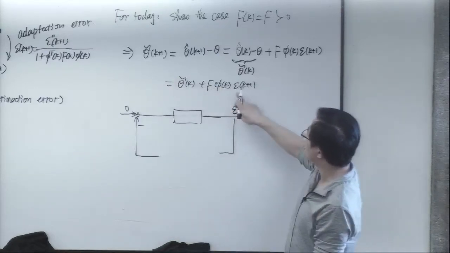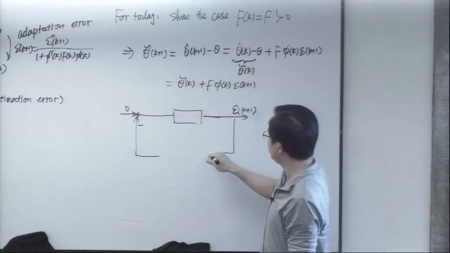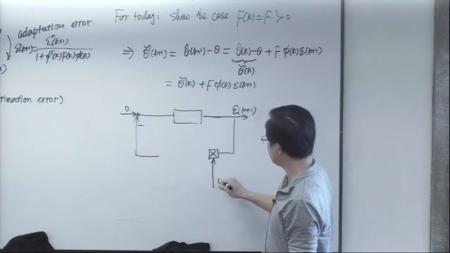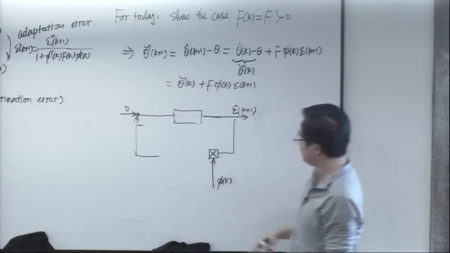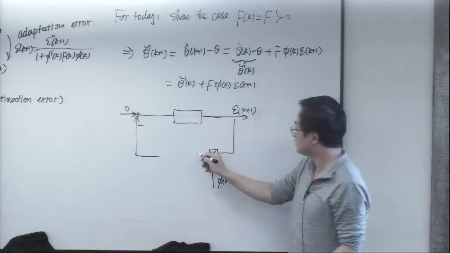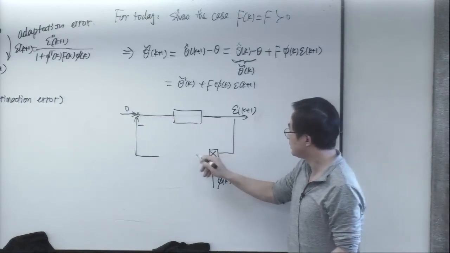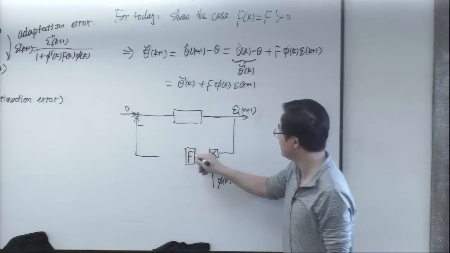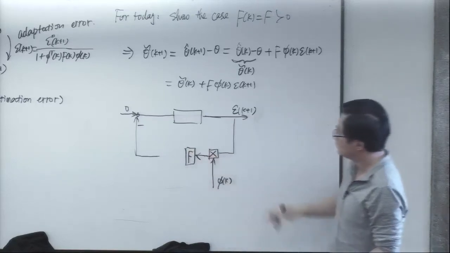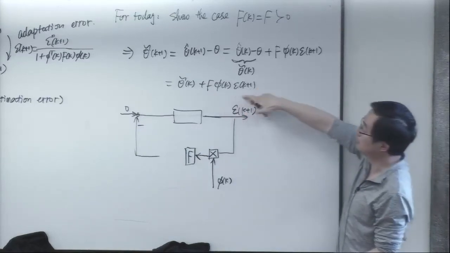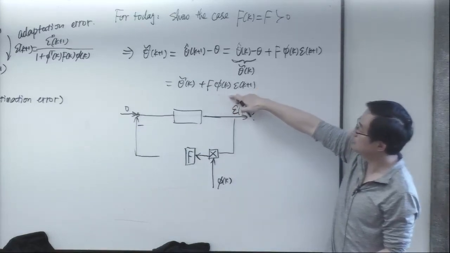So epsilon k plus 1, if we multiply this with phi k, and then multiply with this adaptation gain f, then we have this term.